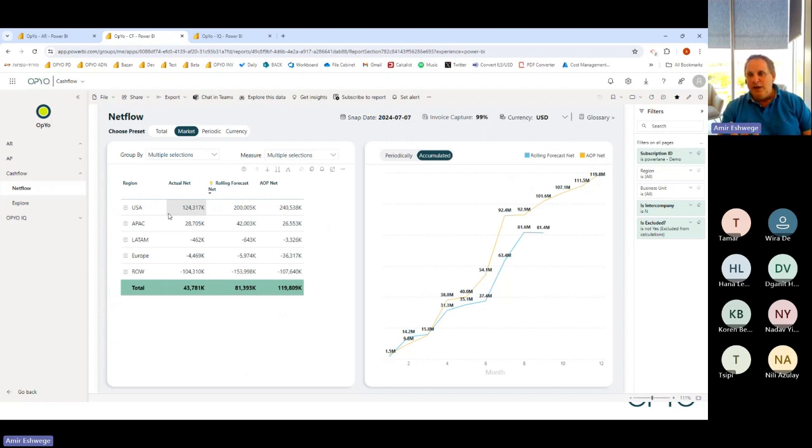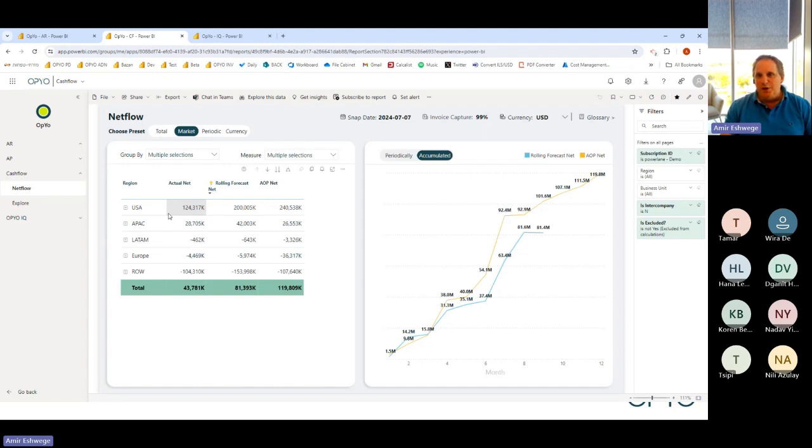For example, if I'm a controller that sits in Australia and I want to see Australian dollars, I can see everything in Australian dollars and ensure that I'm fully aligned, but the corporate will see dollars, and corporate will be able to see the impact of the FX if something has changed, or if we have any discrepancies between what we see or what we report. And of course, everything is usually aligned on a regular basis. That means we do daily activities of reconciliation.